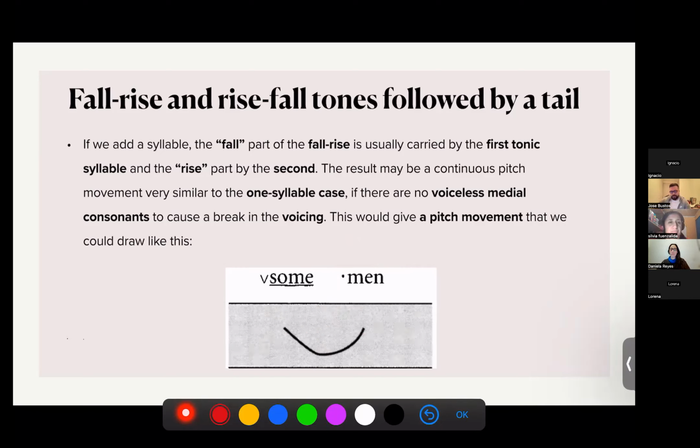So remember, it says when we have a tonic syllable, like some, right? Some, and then we have men. It says that the second part, the second syllable, that is men, you will have a continuous pitch.